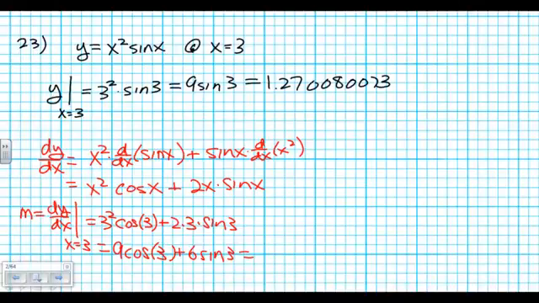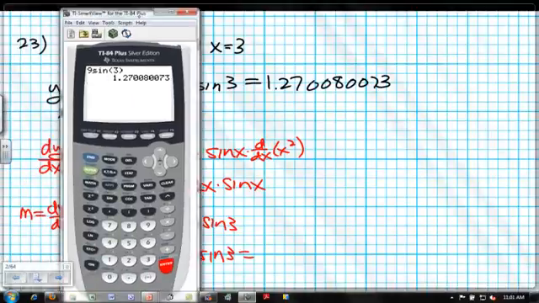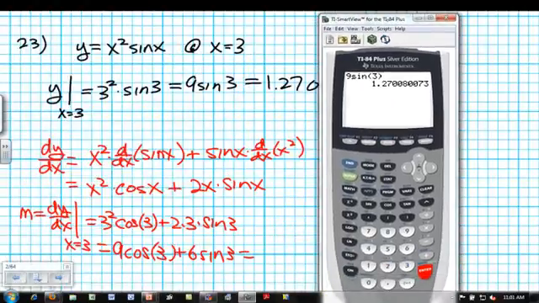If we need to, then we can find an estimate of that value. Let me confirm that.